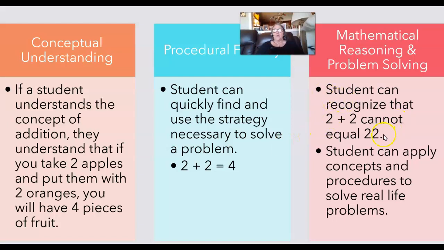With good mathematical reasoning, they're going to see that it's not reasonable in their mind that 2 and 2 is going to equal 22. That's all that means. Math has to make sense, and it keeps us from making big mistakes. Problem solving is when they use the concepts and the procedure in order to solve problems in real life.